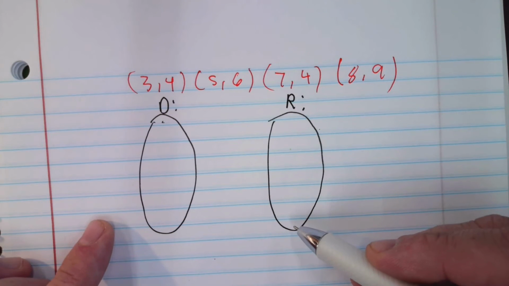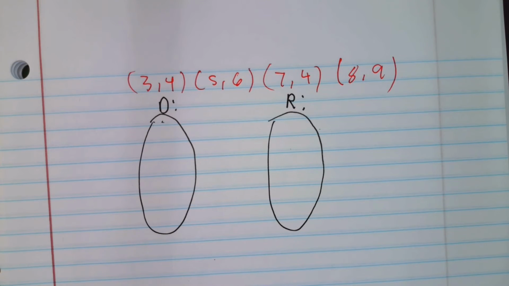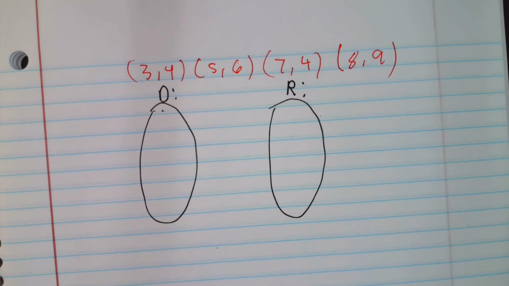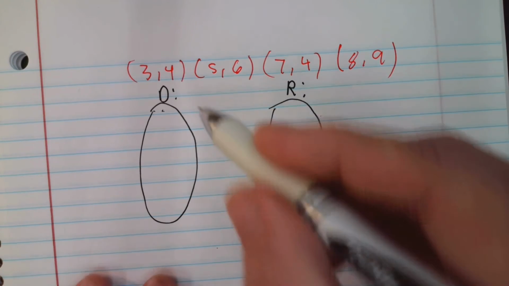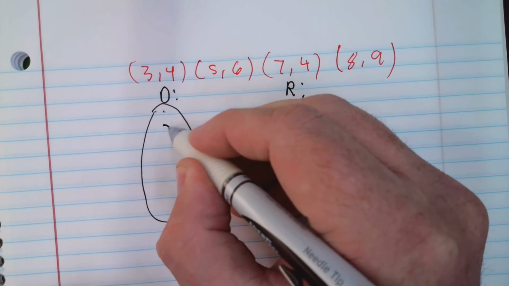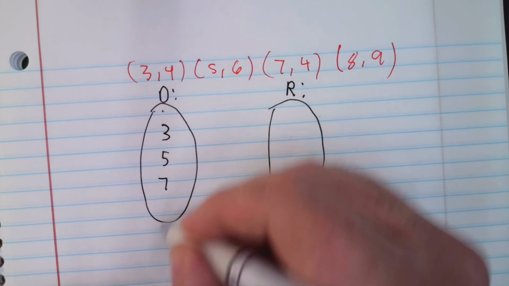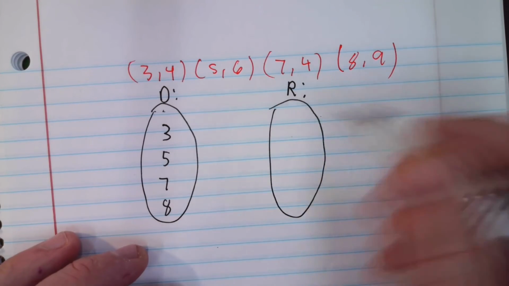If a number appears twice, you don't have to put it. And usually you put it in numeric order if you can, just so it makes sense.